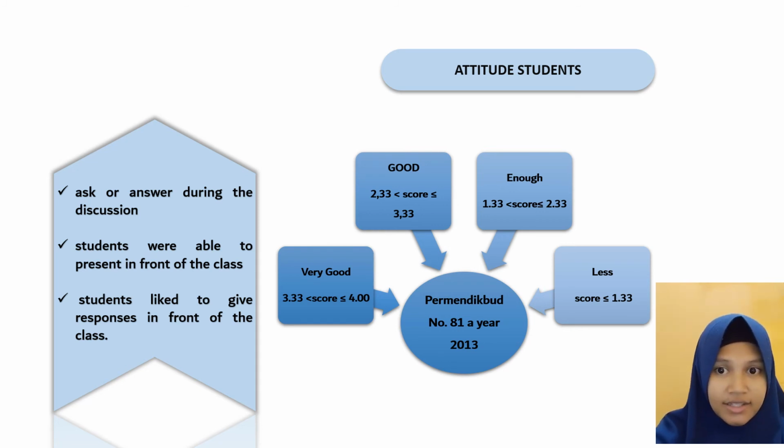Each component is given a score of 1 until 4 with a category of score 1 never, score 2 rarely, score 3 often, and score 4 always. Then, to find out the attitude category, the score obtained is divided by the maximum score multiplied by 4. In accordance with Permendikbud number 81 year 2013: very good, good, enough, and less.